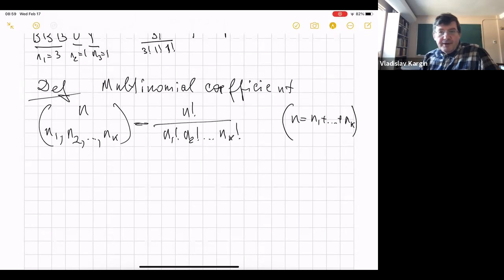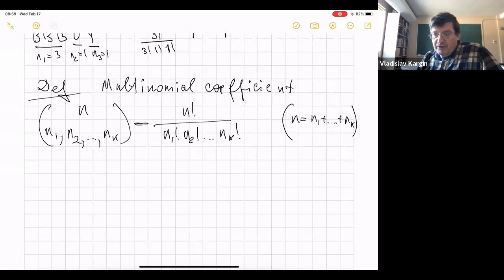Okay? So in our example, it was the number of permutations of the objects where not all of them are distinct. If all of them were distinct, it would be n factorial. Since not all of them are distinct, we need to divide by these overcounting factors. This is a standard notation.